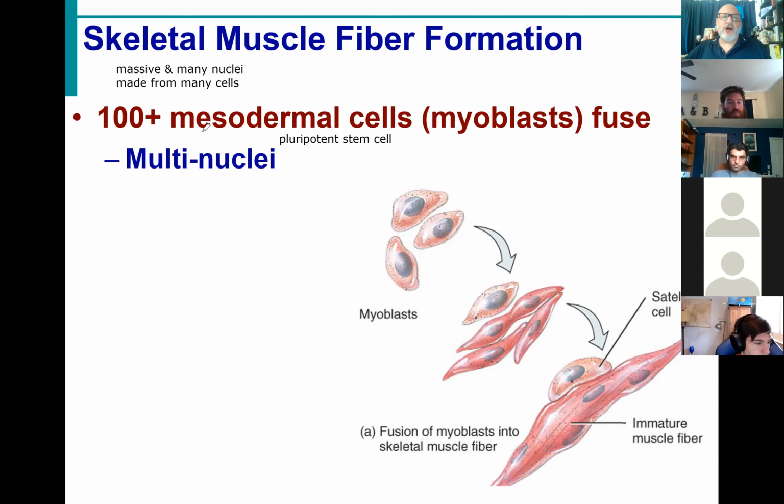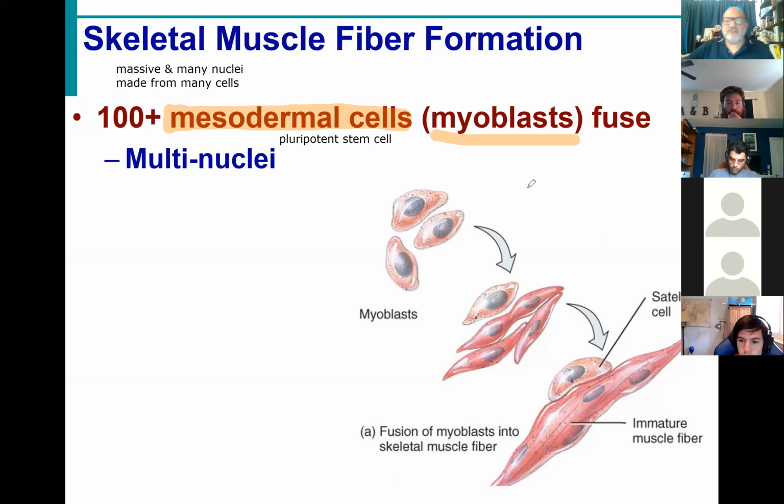Well, here, our pluripotent stem cell is a mesodermal cell. Mesodermal cells are capable of dividing to produce many types of cells, but in this case, we want them to divide to form myoblasts. And hundreds of myoblasts fuse themselves together to make a single skeletal muscle cell.